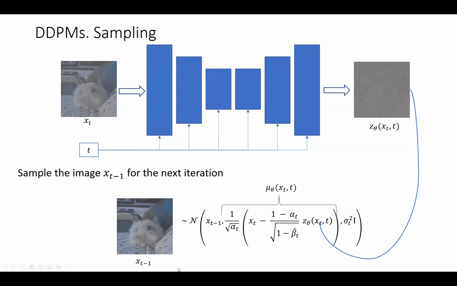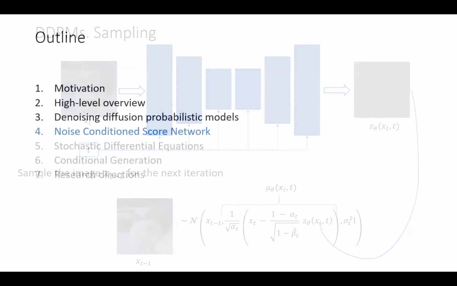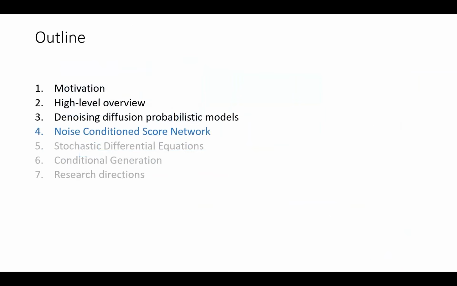This way we can keep repeating, and we'll keep removing the noise. This is called sampling. I simplified what I covered in detail, all the derivation on Monday, just to put in perspective what you need to know for the denoising diffusion probabilistic model, DDPM.